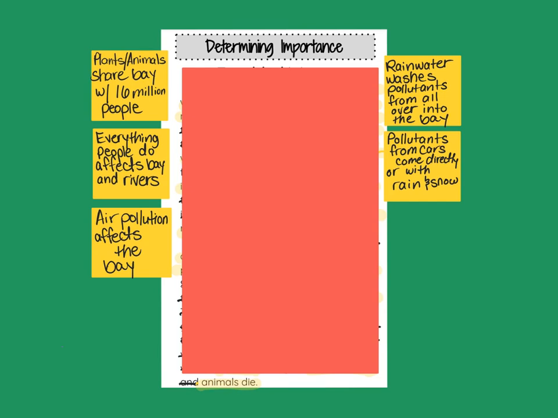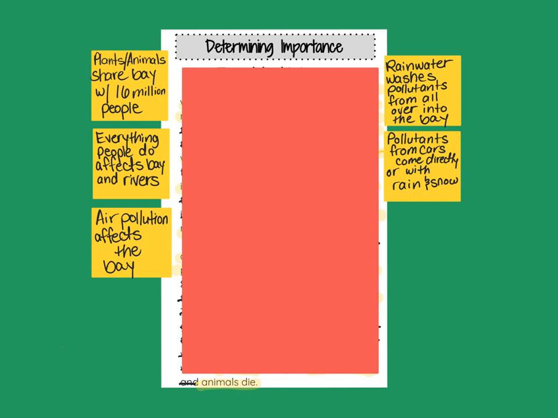Plants and animals share the bay with 16 million people, and everything that those people do affects the bay and the rivers. Air pollution affects the bay, and then rainwater washes pollutants from all over the area into the bay. There are also pollutants that come directly from cars, or they mix with rain and snow.